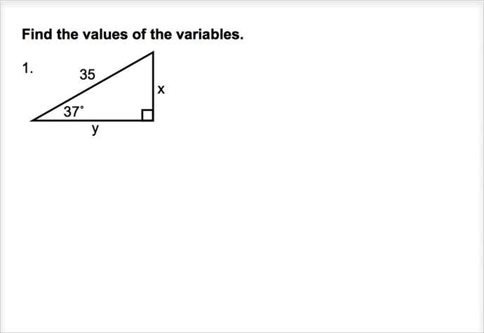Find the value of the variables. For this I'm always going to be using a 37-degree angle. I know that I'm dealing with a trig function, so I'm going to write SOHCAHTOA right away.